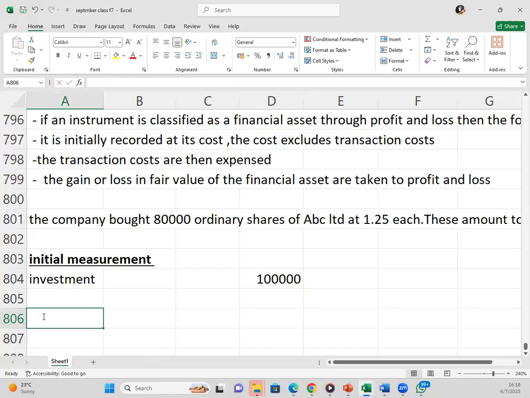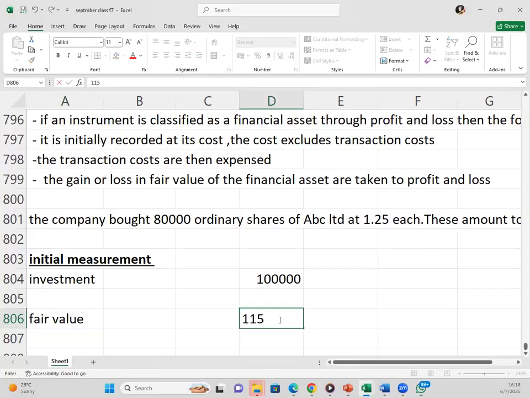Then at the end of the period, you recognize the fair value. On the date of initial measurement, you recognized 100,000. But at the end of the year, the investment is now 115,000. So there's been a gain in the investment of 15,000.